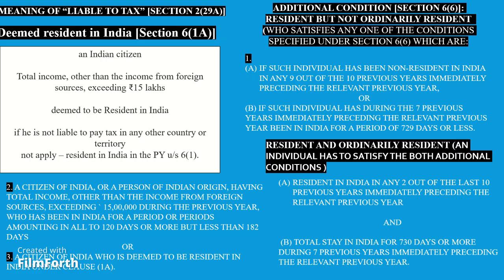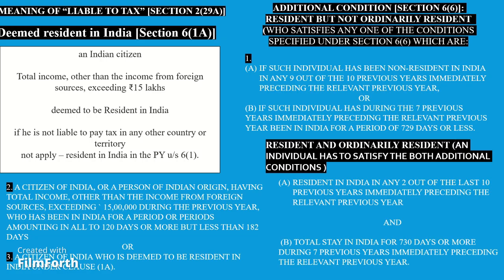In other words, an individual has to satisfy both additional conditions in order to become ordinarily resident, ROR, in India: resident in India in any 2 out of the last 10 previous years immediately preceding the relevant previous year, and total stay in India for 730 days or more during the 7 previous years immediately preceding the relevant previous year.